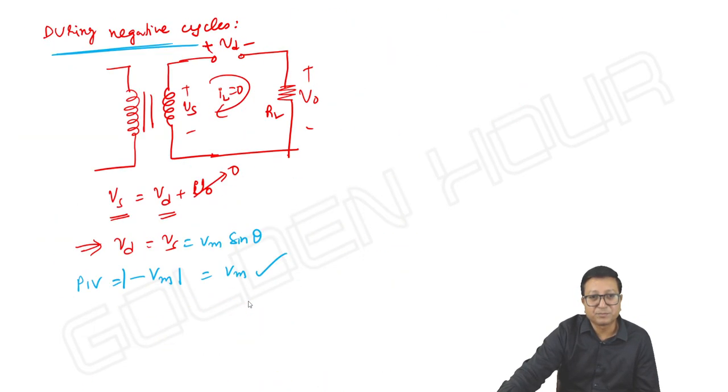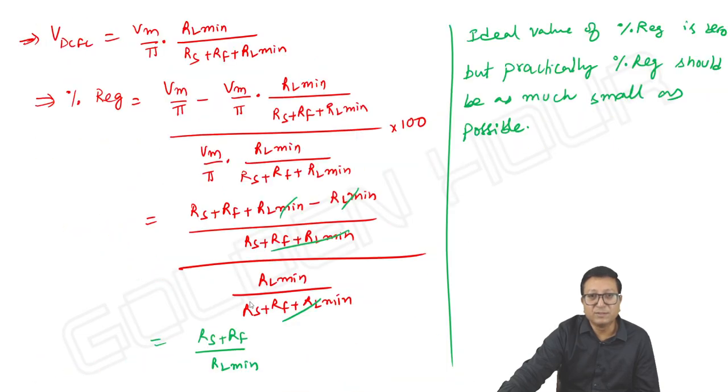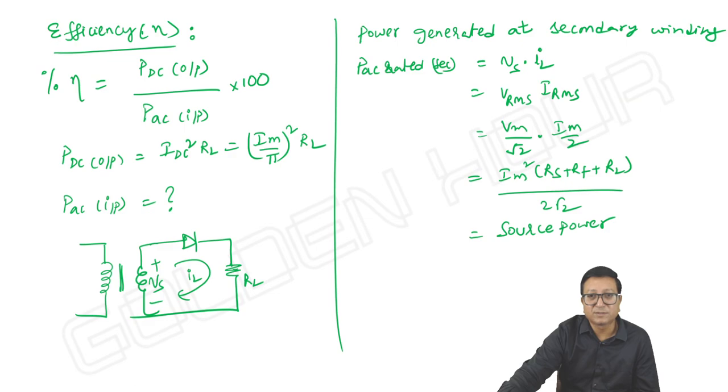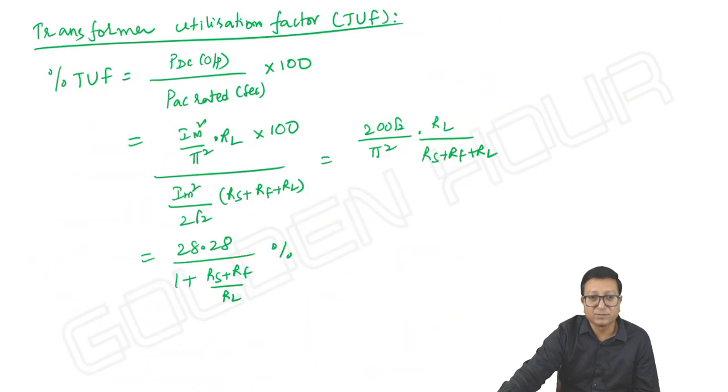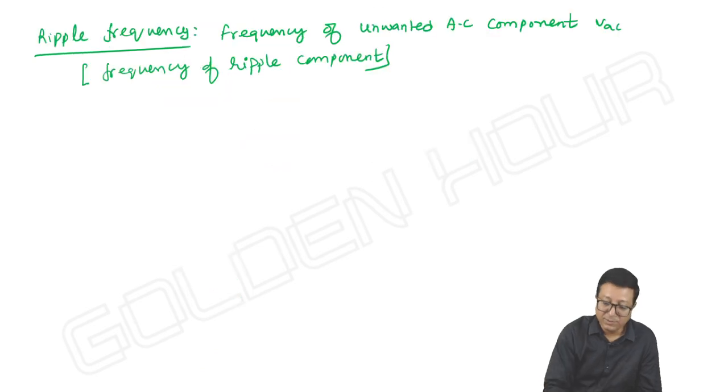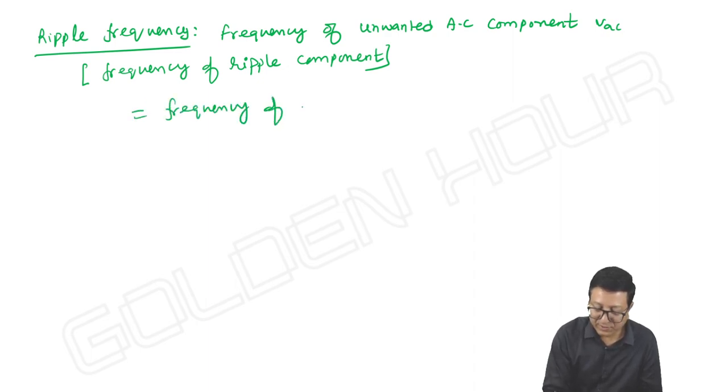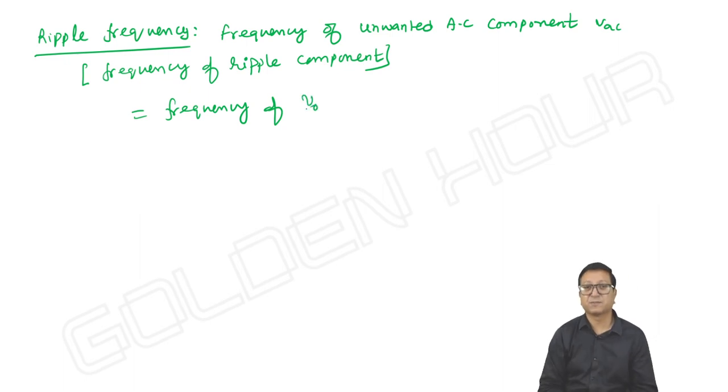So the frequency of the unwanted AC component VAC is nothing but the frequency, in this example, of V output.